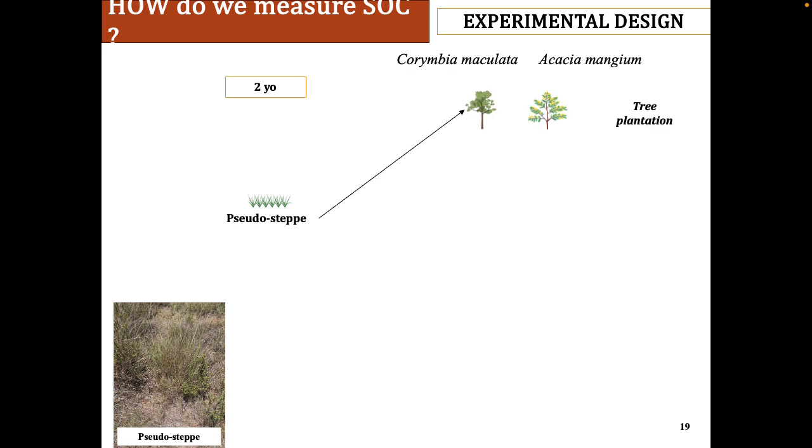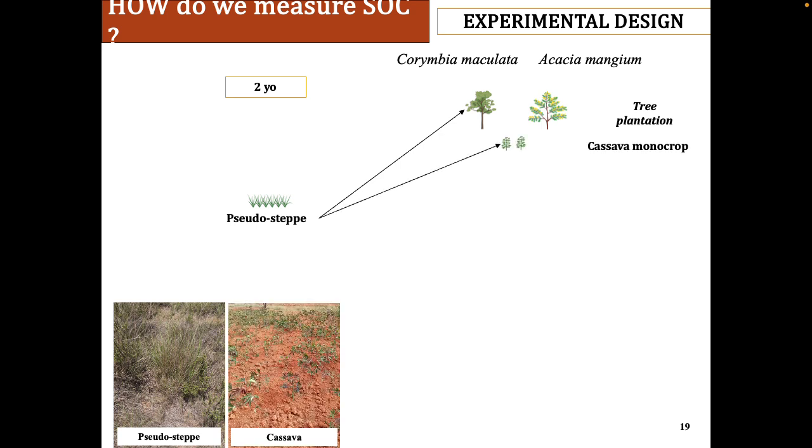First of all, we have tree plantation composed of Corymbia maculata and Acacia mangium, which are fast-growing trees cultivated in Arivumamu. We use them mainly for wood energy because I've worked with a project focusing on wood energy.